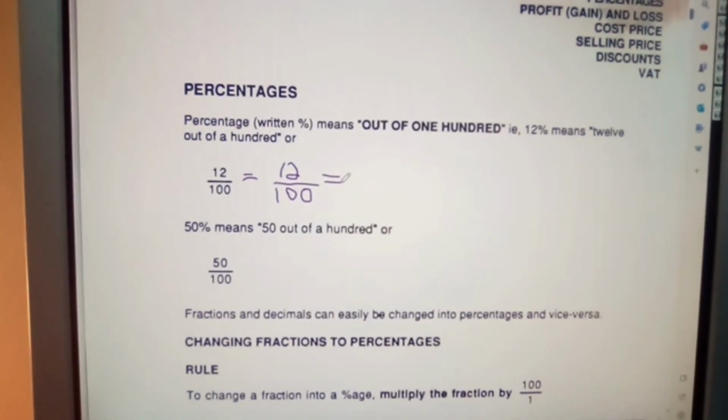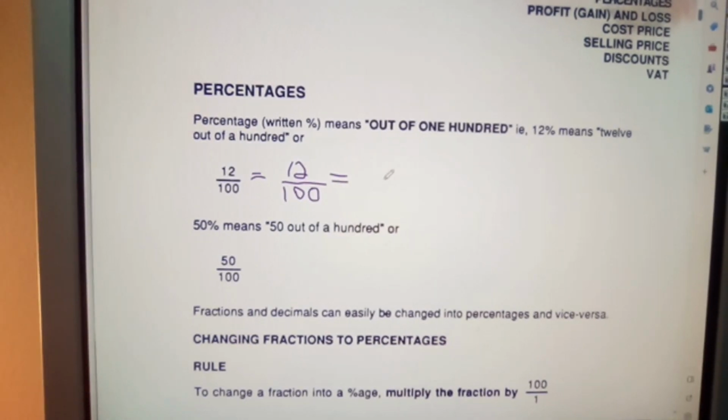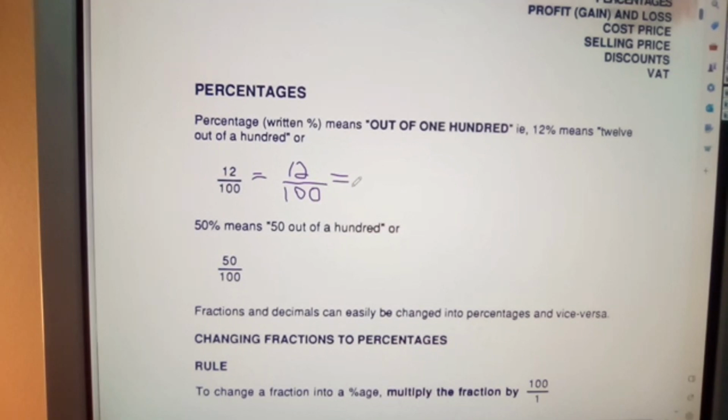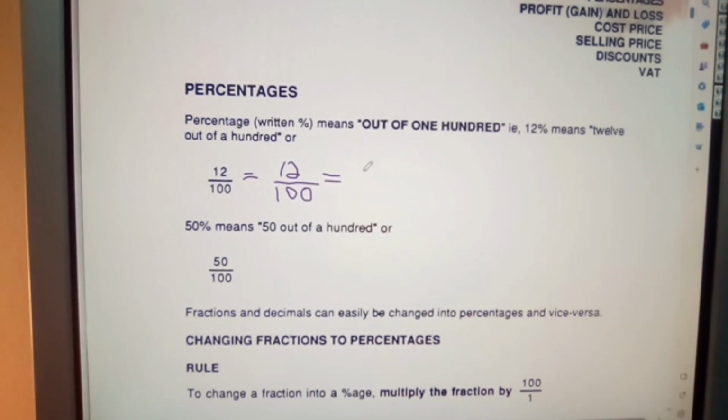So let's look at it and put it in the bracket. Now I'm doing this the long-handed, the long-winded way. I know some of you guys out there can do this in a tick, but for those of us who are not as brainy as you, I'm going to do it the long-winded way.